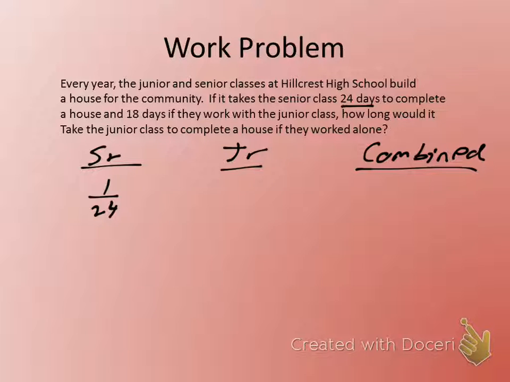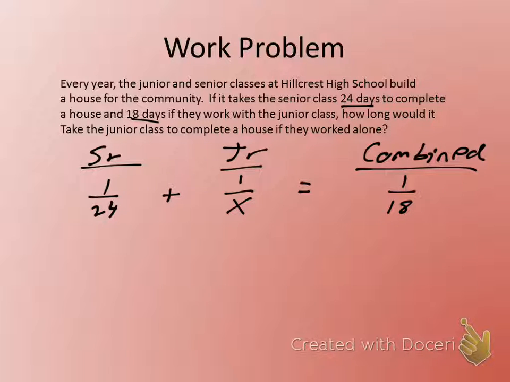So that's their rate. They build a house at 1/24 per day. And it tells us that combined with the juniors, they completed it in 18 days, so their combined rate would be 1/18 of a house per day. And the juniors we don't know, so we label it like 1 over x or 1 over j.